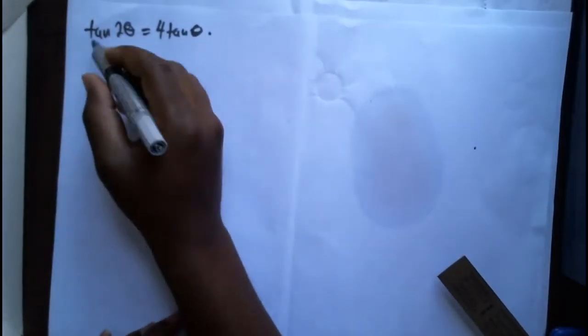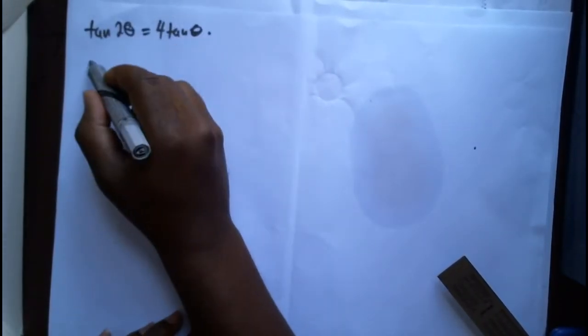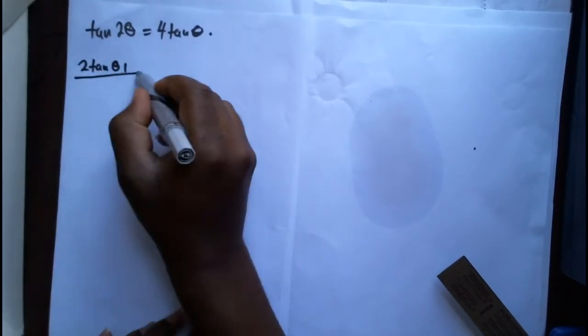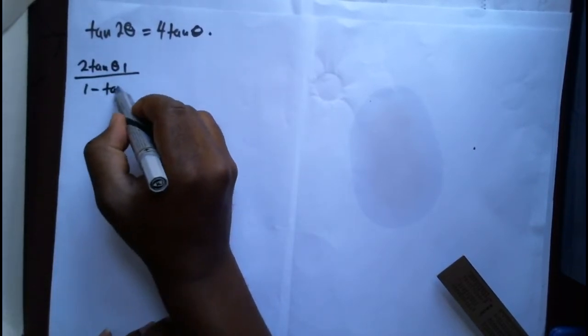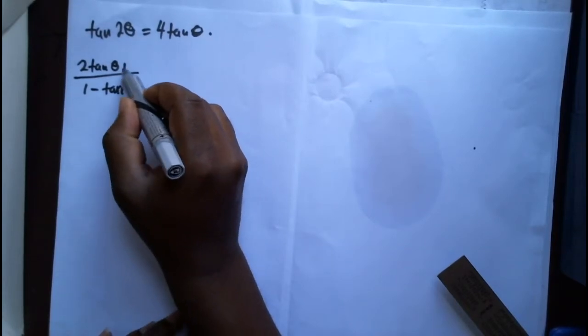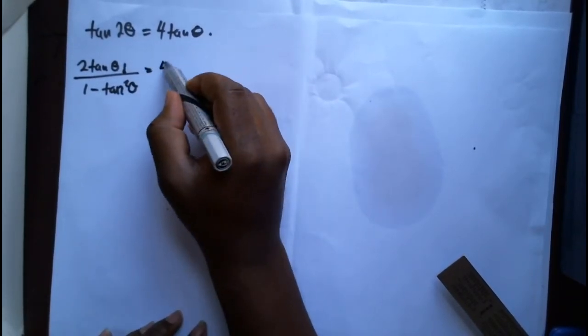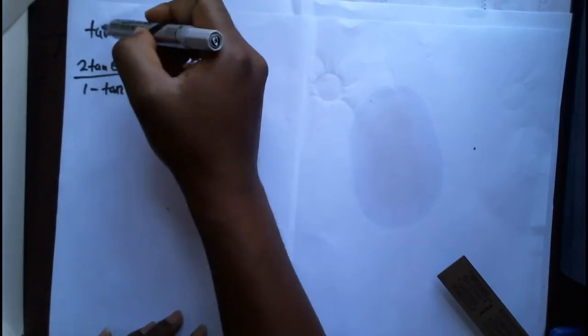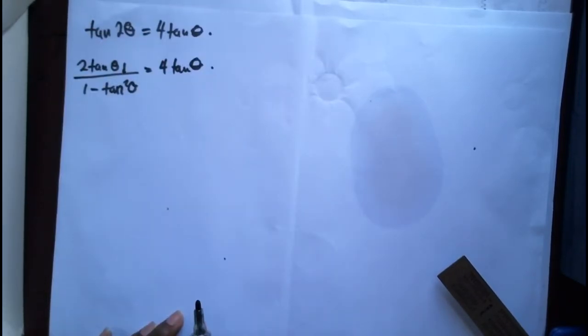So now we write tan 2 theta, which is 2 tan theta over 1 minus tan squared theta, is equal to 4 tan theta. I just replace this with the identity.